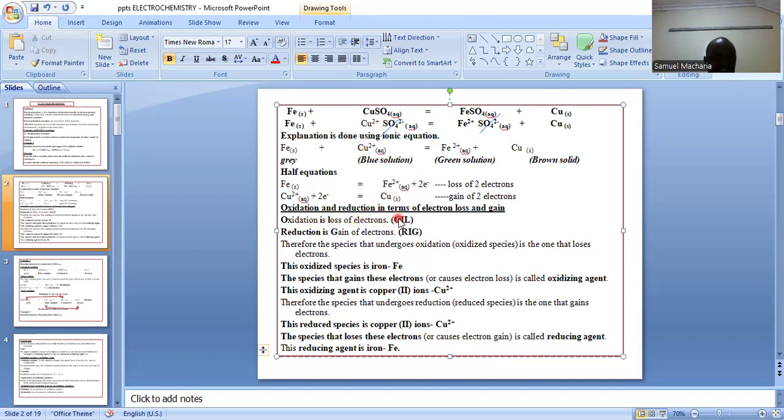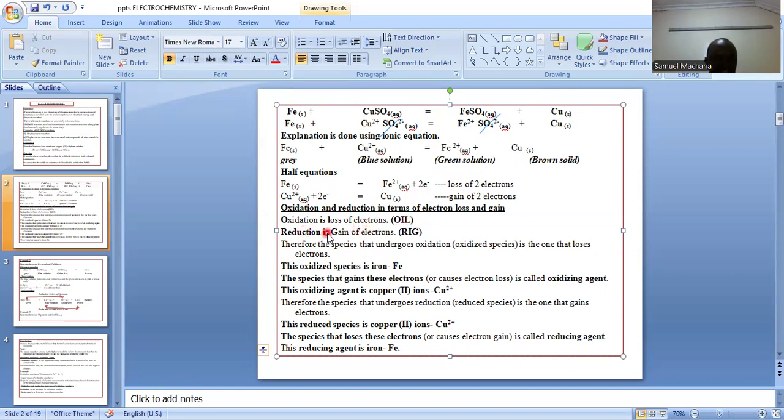In short, we can use the initials OIL: oxidation is loss of electrons, oil. Then the copper 2 is reduced to copper metal. That is reduction, and in reduction there is gain of electrons. So reduction is gain of electrons, RIG. So we can now see oxidation being loss of electrons, we use the word oil.